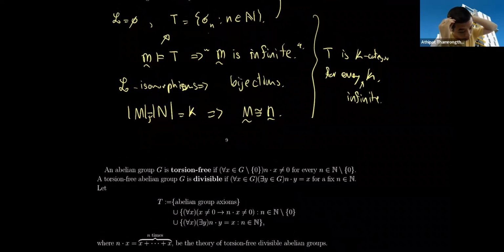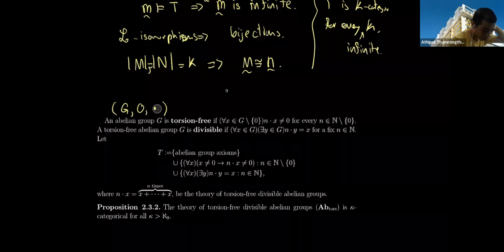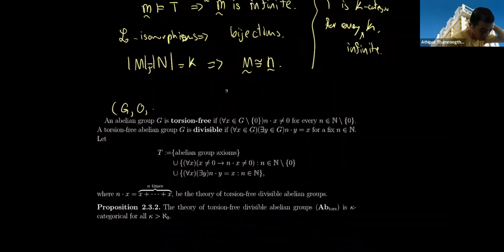Okay, and what else can we have? We can consider this example. Let's look at this abelian group. So let's say you have an abelian group G with identity 0 and the operations minus and plus, so an abelian group (G, -, +, 0).